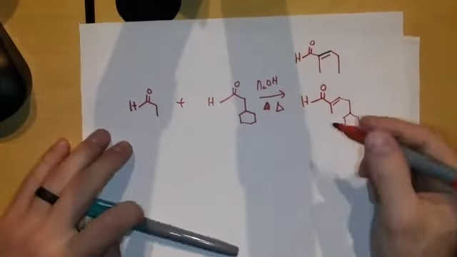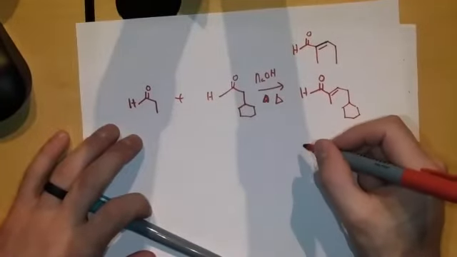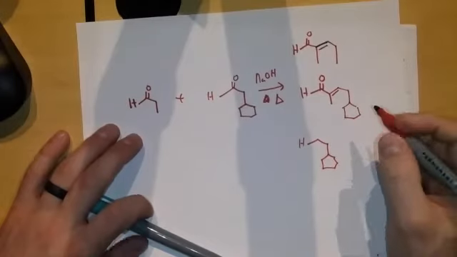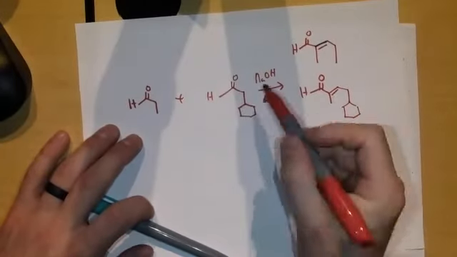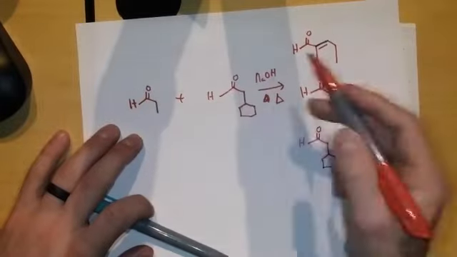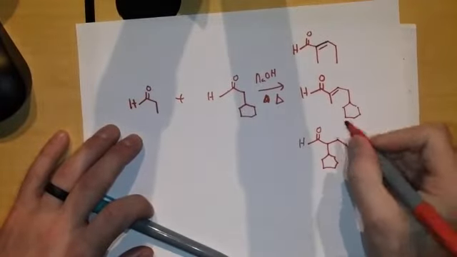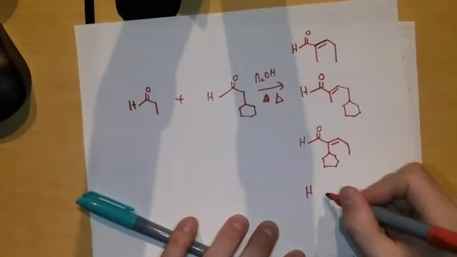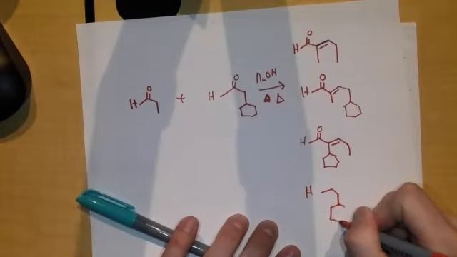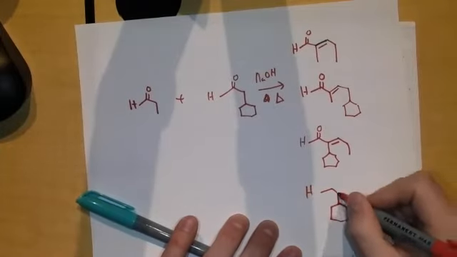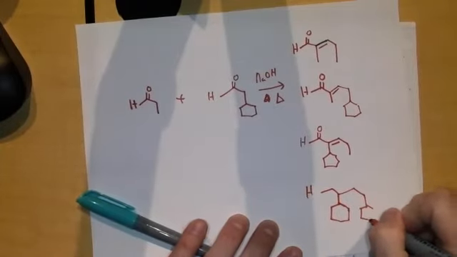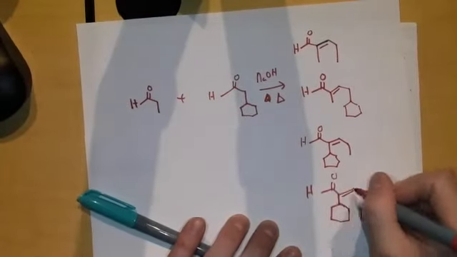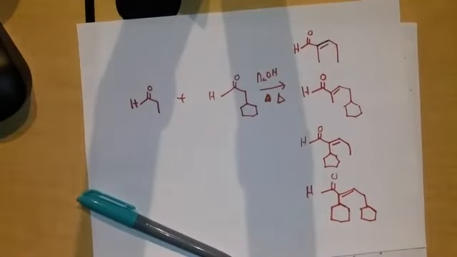Let's start with this skeleton. It will attack from this position to give us this, and then we can do it to itself, which is going to be quite large and give us something like this.